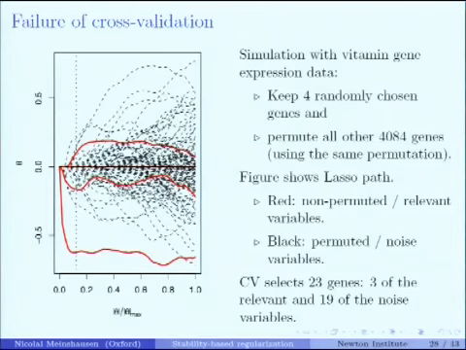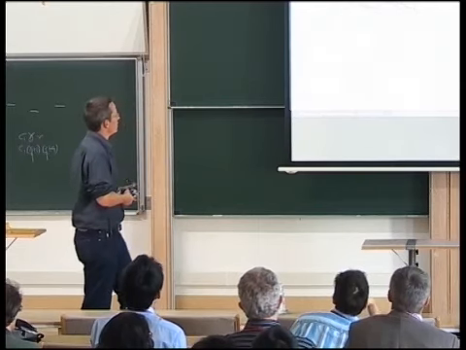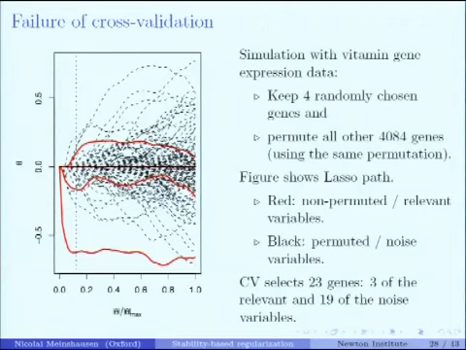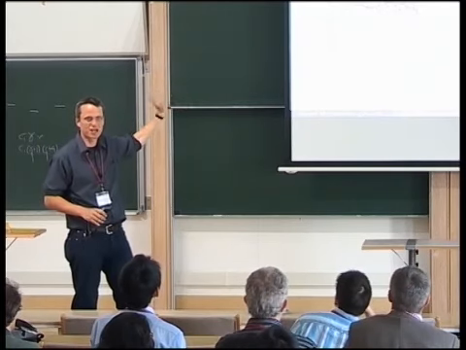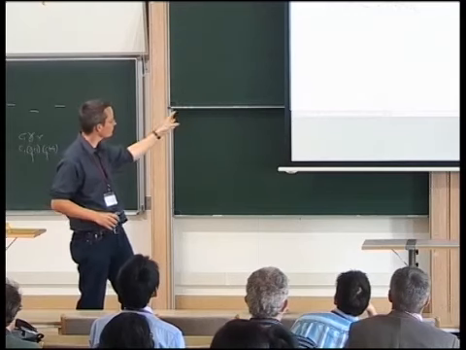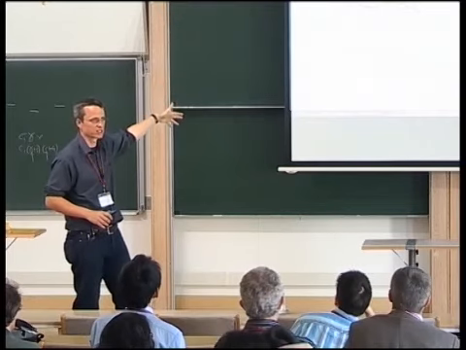And what I show in the lasso path is that the red path is the coefficient path of the non-permuted genes, and the black lines correspond to the coefficients of all the permuted variables. Basically, it's saying, well, you definitely don't want to have any of the black variables in there because they can't be meaningful in this context. And you want to have potentially those 4 red genes in there.